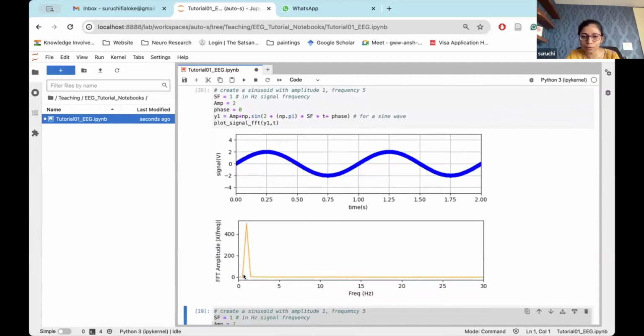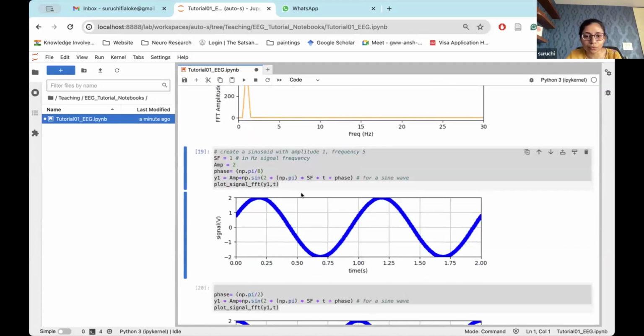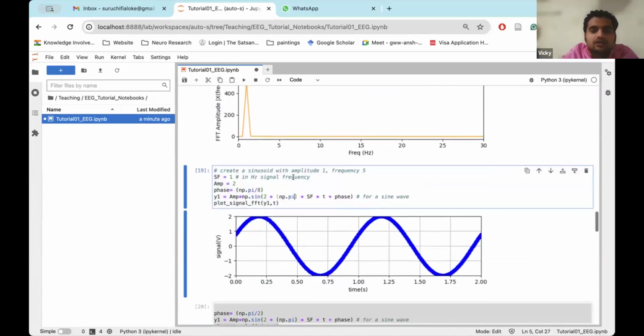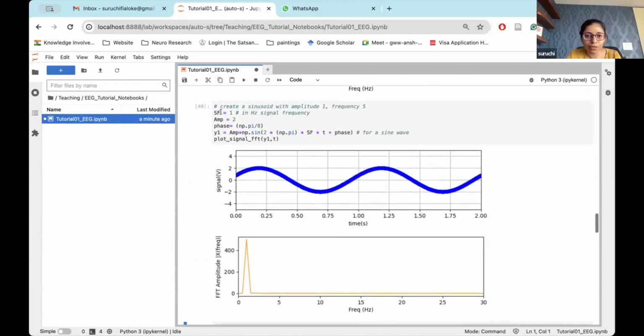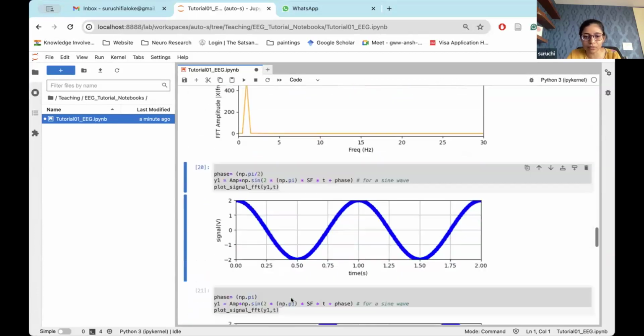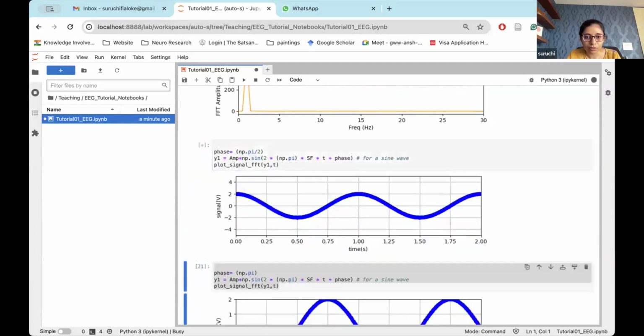So it gives you both: the peak at the prominent frequency, and how much power was there at that frequency, or how much highest amplitude it goes to. Power is amplitude squared. So if you increase the amplitude, it will increase the height of the peak, and frequency is on the x-axis. Keep doing that.